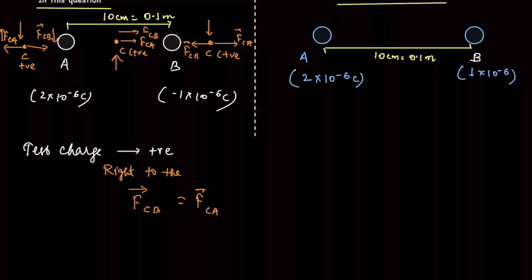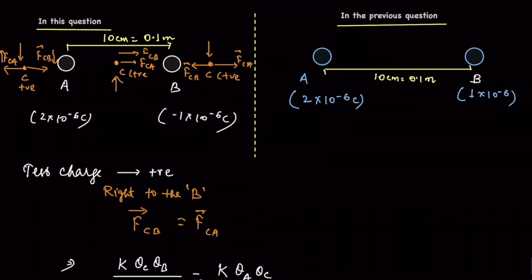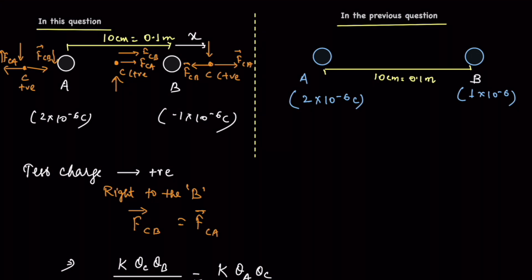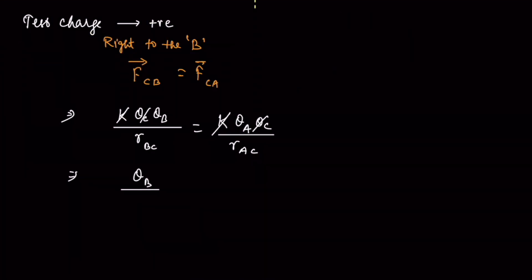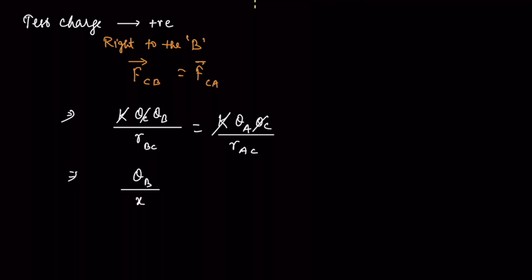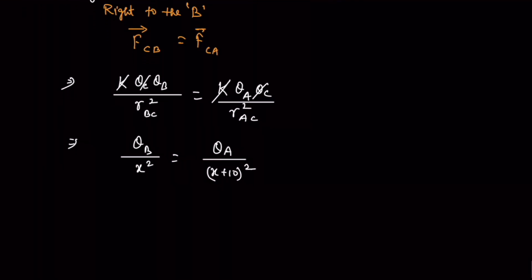So if we substitute the values, assume this distance to the right of B is x. So AC will be x plus 10 centimeter. QB by x square is equal to QA by x plus 10 whole square.